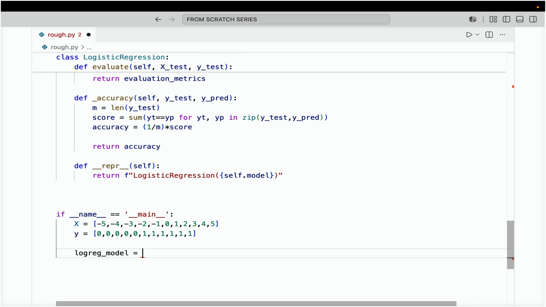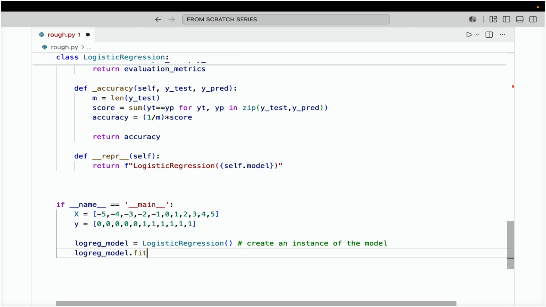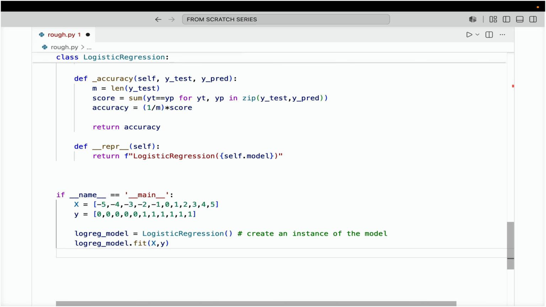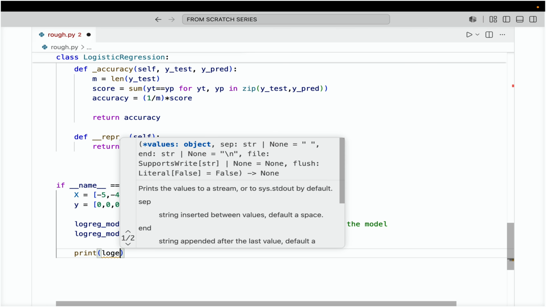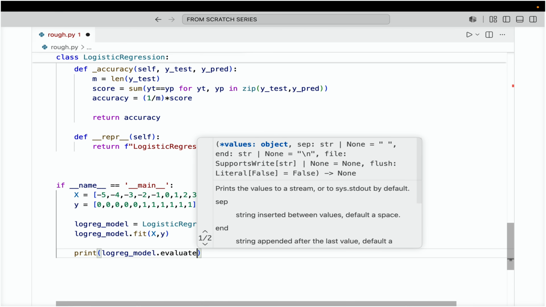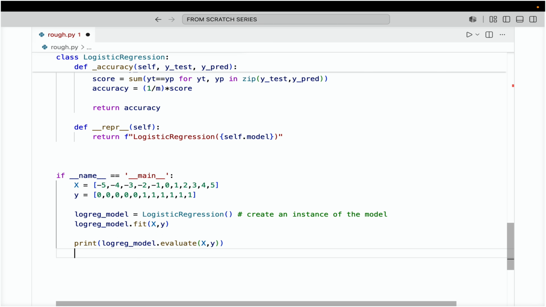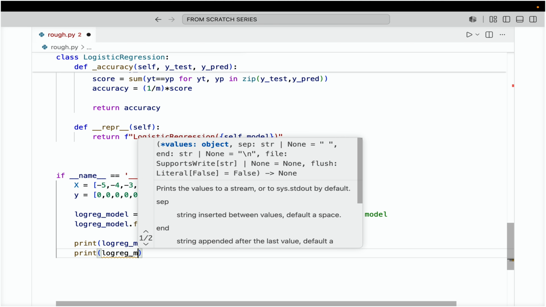Create an instance of our class. I'll just pass x and y here, both, without any splitting.